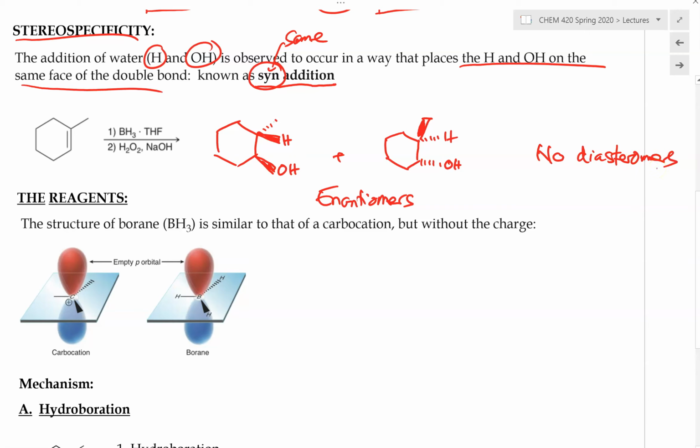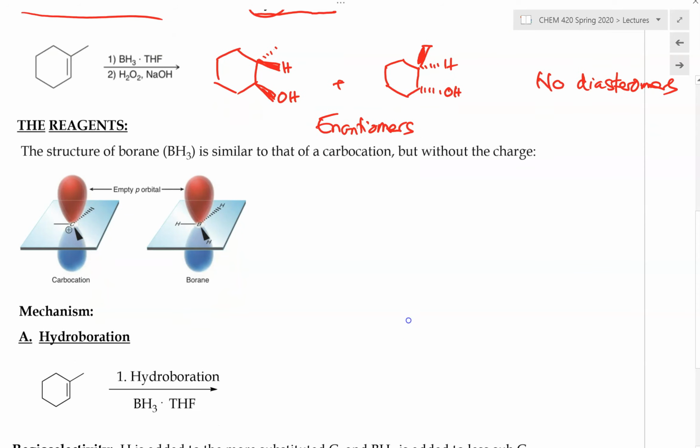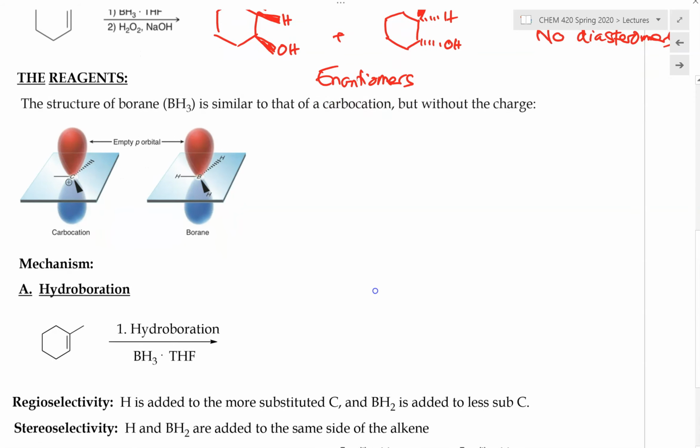The diastereomer would be the other product where the hydroxy group and the hydrogen are pointed in opposite directions, and we do not observe that. But again, we are making a racemic mixture of these two enantiomers only. So that provides some sort of stereoselectivity.